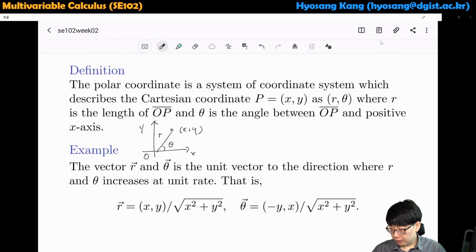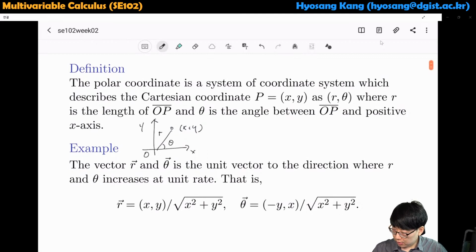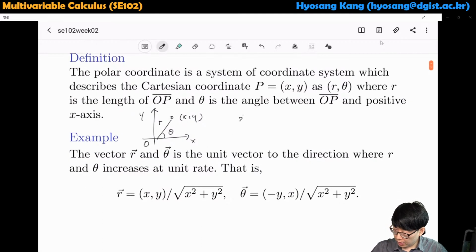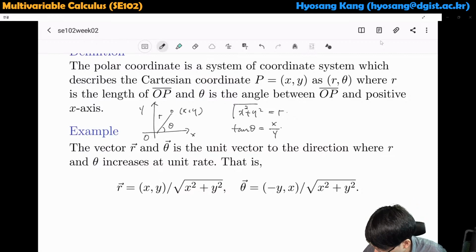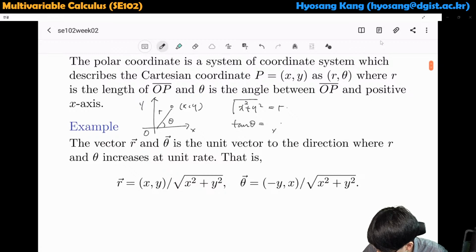If you want to convert one coordinate system to another, there's a way you can do this: the square root of x squared plus y squared is r, and tangent theta is y over x. I wrote it the other way, but it's y over x.